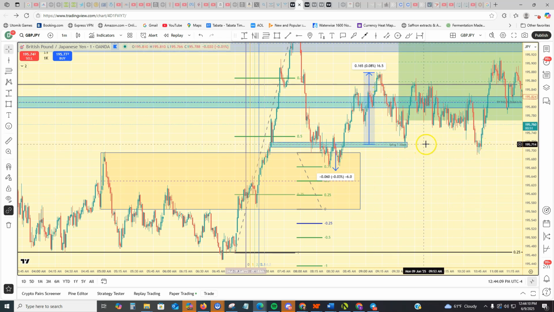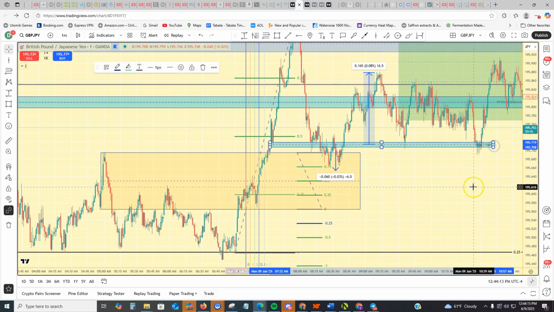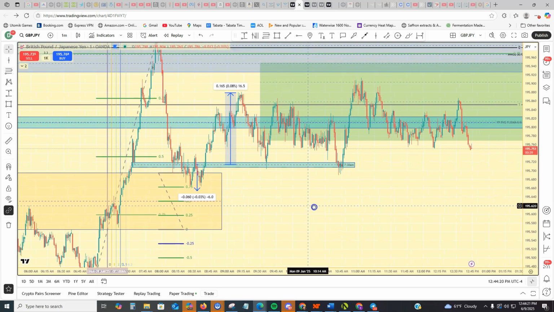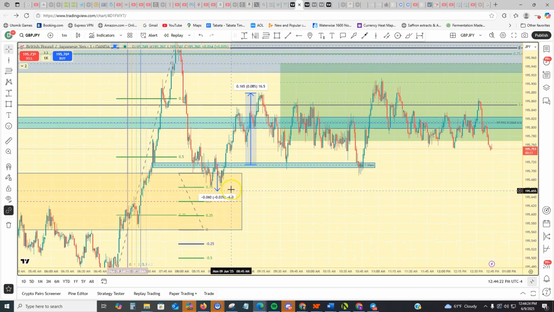Look at how the bodies look. Look at that. So if this is 6, then 18 would have been the 1 to 3.